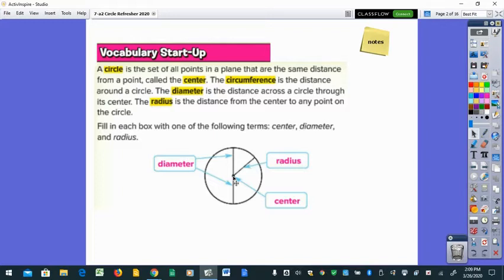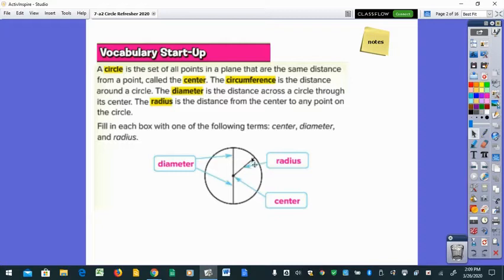The circumference is the distance around the circle, kind of like the perimeter of a circle. The diameter is the length, or the distance, I should say, from one point on the circle to the opposite side running through the center. The radius is half that distance. It's half the diameter.